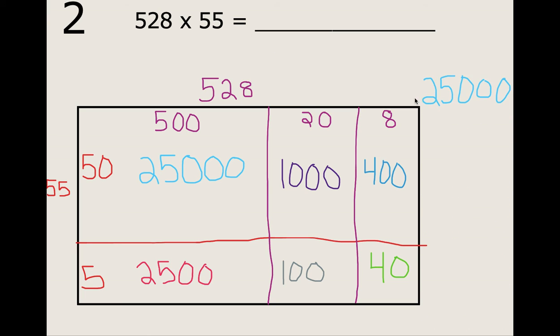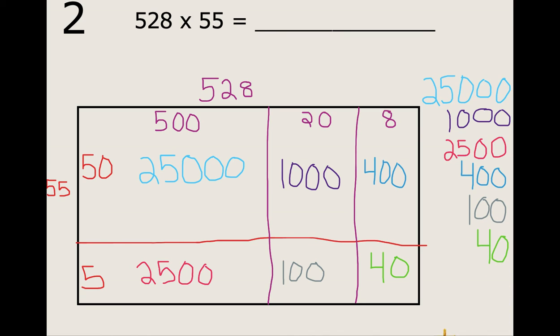So we have our 25,000, 1,000, 2,500, 400, 100, and 40. Alright, let's add these together. We have zeros all the way on this row, so I know that's 0. We have zeros all along this row except for 4, so I know that this row is 4.